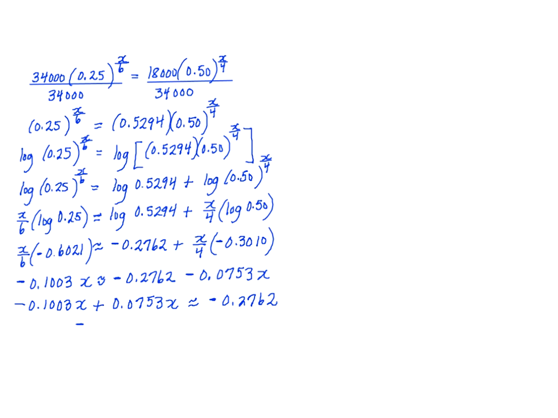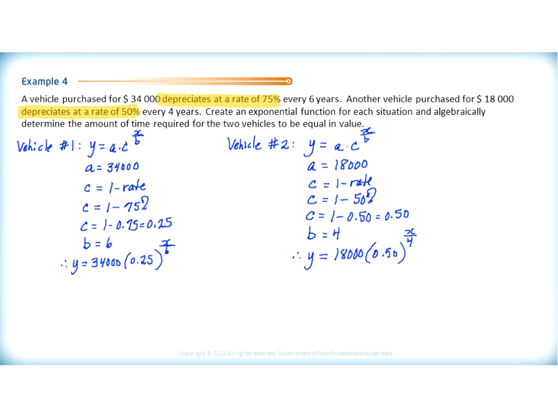So then we have negative decimal 025x to approximately equal negative decimal 2762. We divide both sides of our equation by negative decimal 025, and the final value of x then is approximately equal to 11 years. So that solution means then that it takes approximately 11 years for the two vehicles to be equal in value.